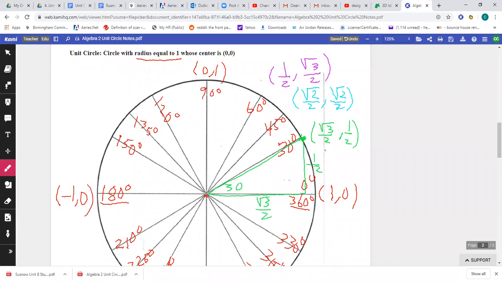But look what happens here. I could also draw a 30-degree angle here. If this is 30, this is also 1/2 and √3/2. So what would my coordinates be right here? Well, since I'm going to the left with x, it's negative √3/2, positive 1/2.